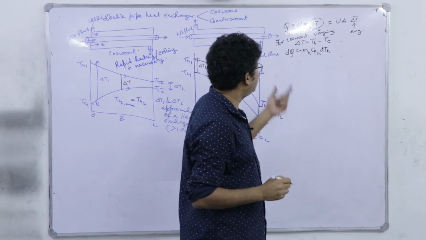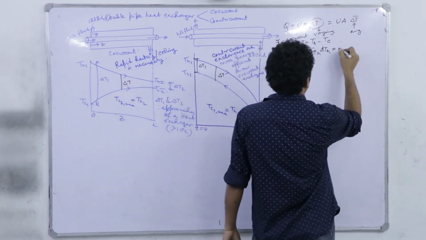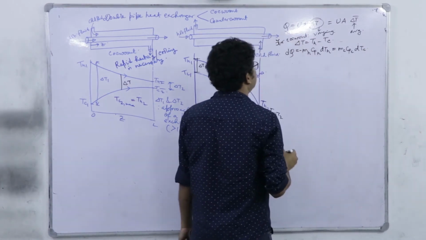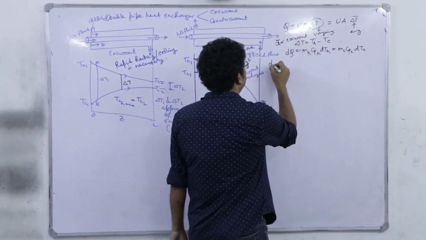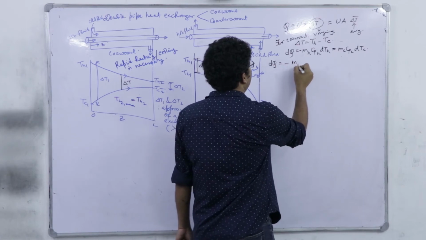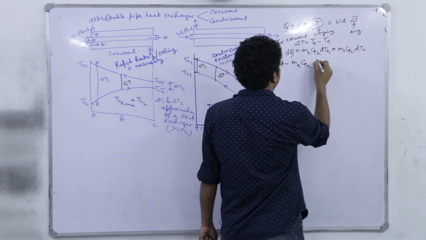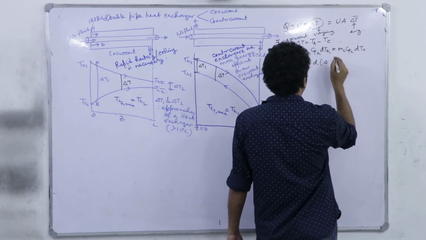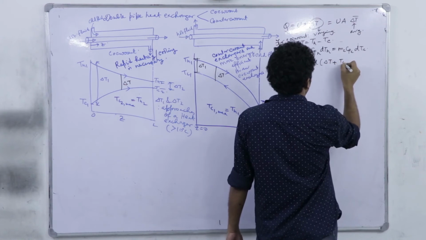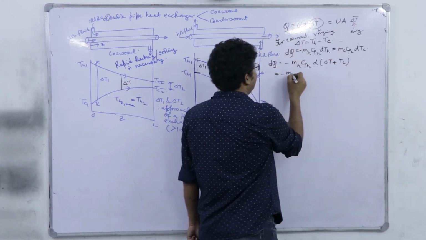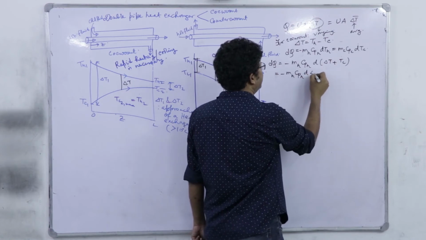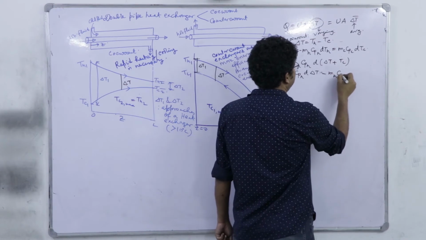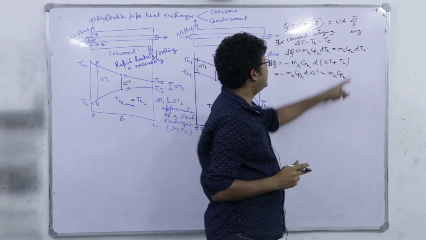So dQ is the amount of heat exchange, and that's equal to mC CPC into dTC, correct? So dQ is equal to minus mH CPH d of, we can write this delta T as TH minus TC, so this is minus mH CPH d of delta T plus dTC.